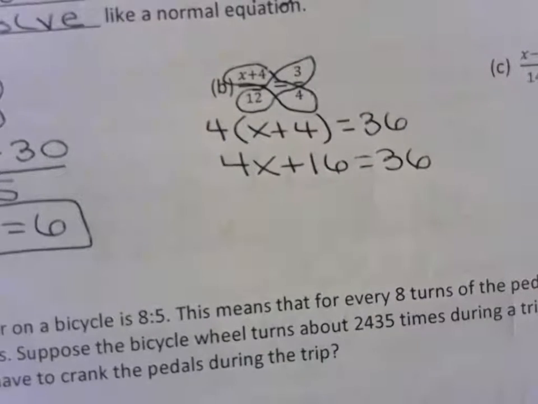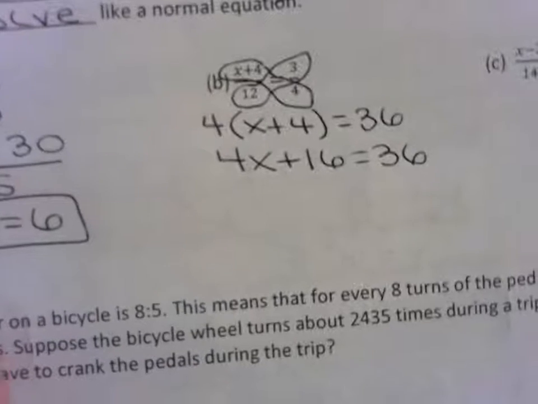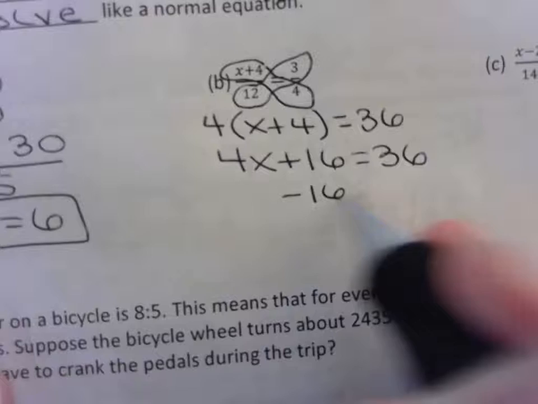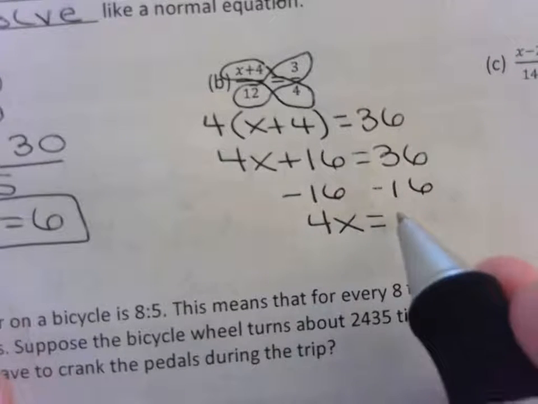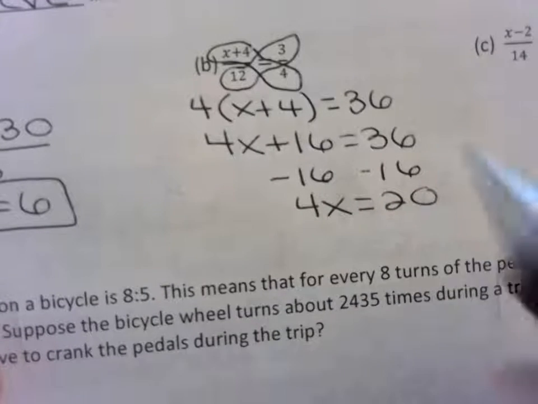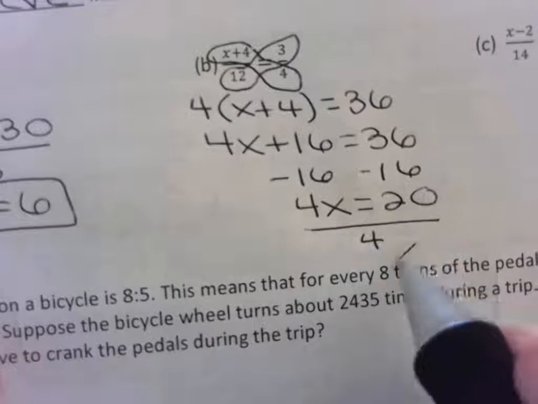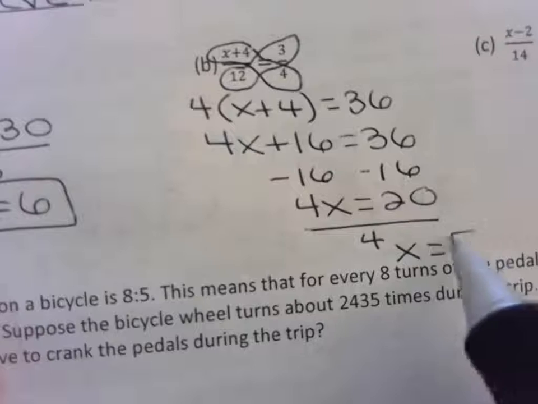Now it's an equation you know how to solve. We are getting it to a point where you have an equation that you know how to solve from last week or the week before. What do I do next to solve this? Subtract 16, subtract 16. 4x is equal to 20, divide by 4, x equals 5.